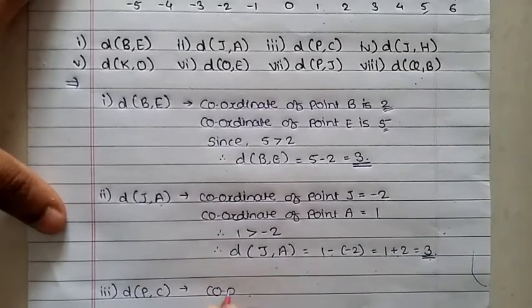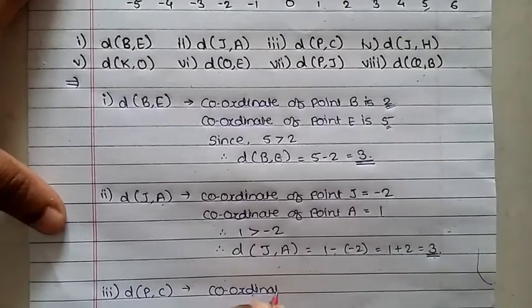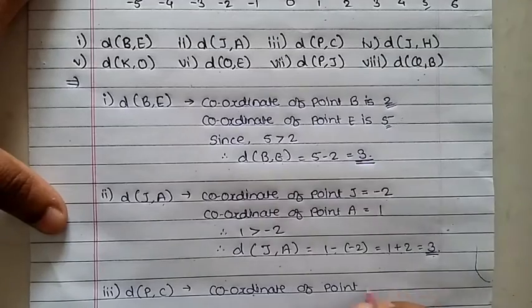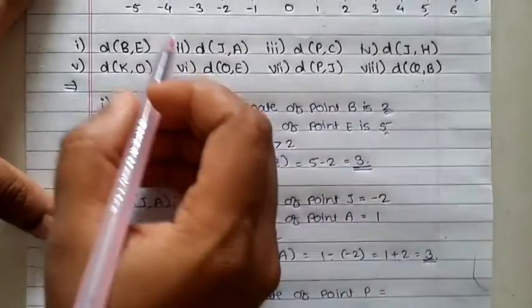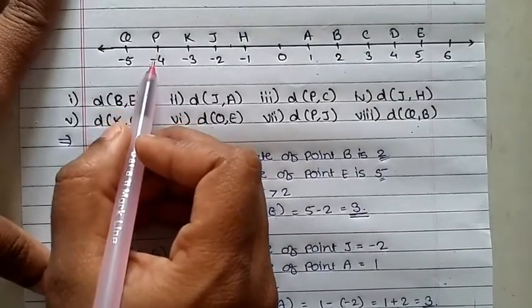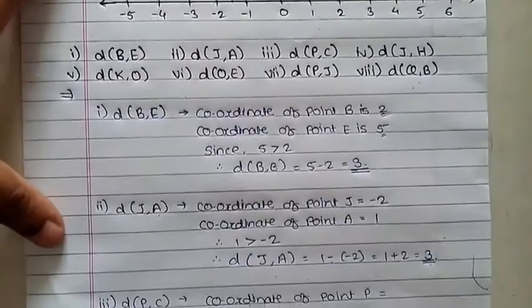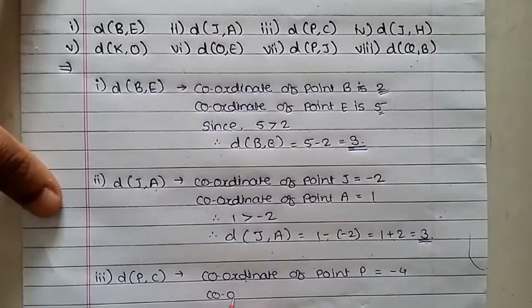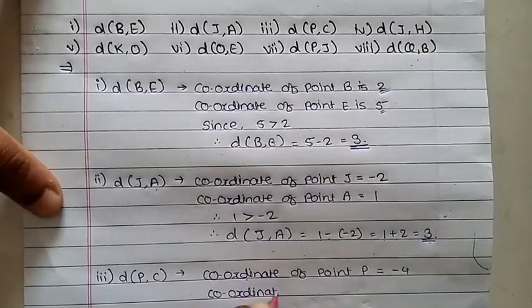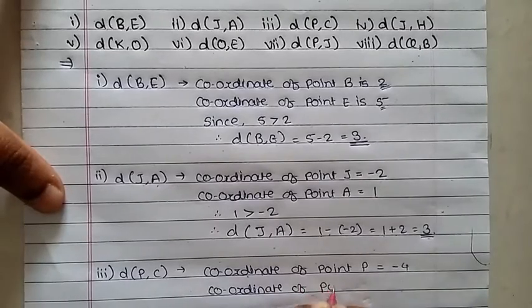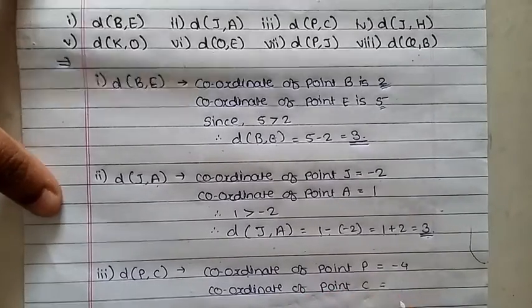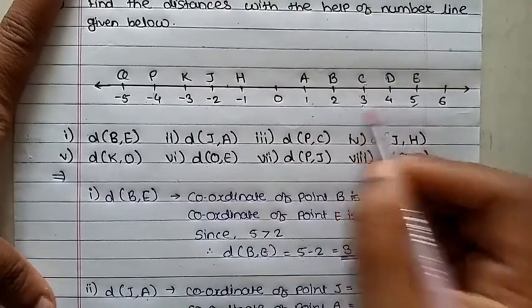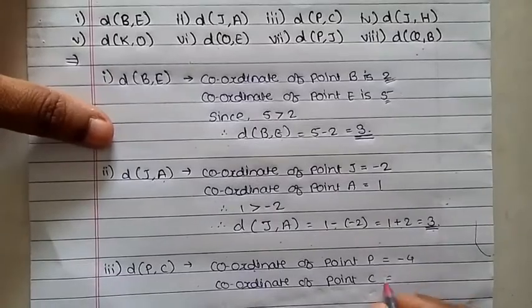The coordinate of point P is -4, so write down -4 here. Next, the coordinate of point C is 3, so write down 3 here.